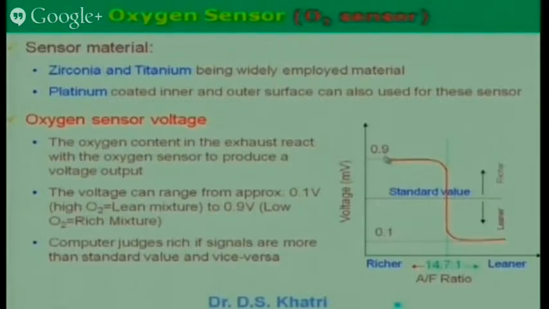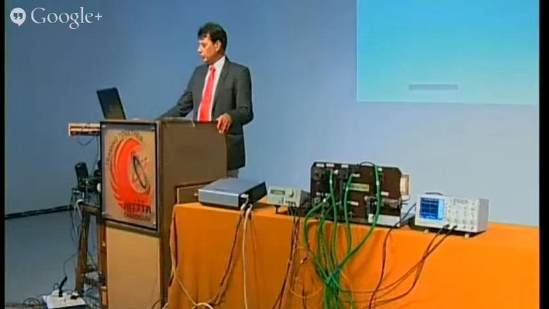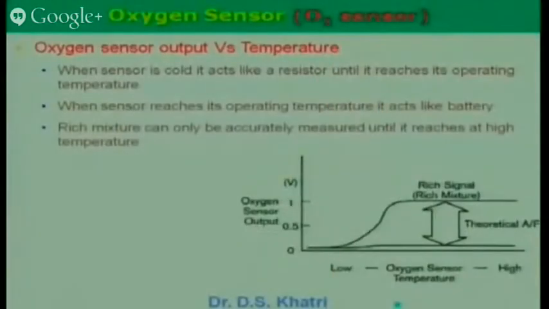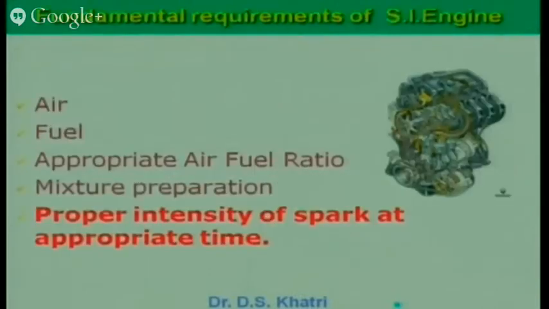So from rich to lean, lean to rich, rich to lean, it keeps on doing like this in a short band. So this is the output of the oxygen sensor, between 0.9 to 0.1 volt. Battery voltage is also given as the input.